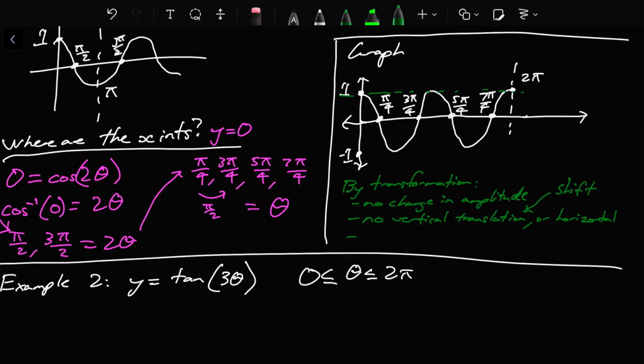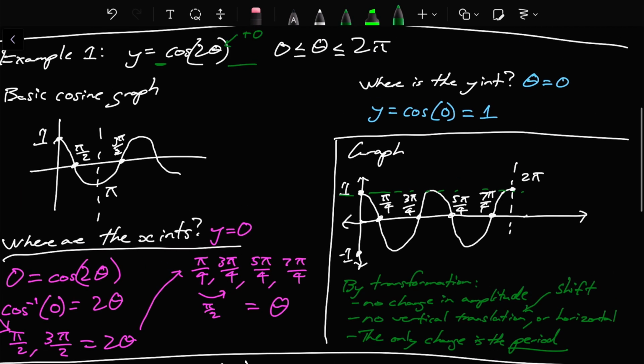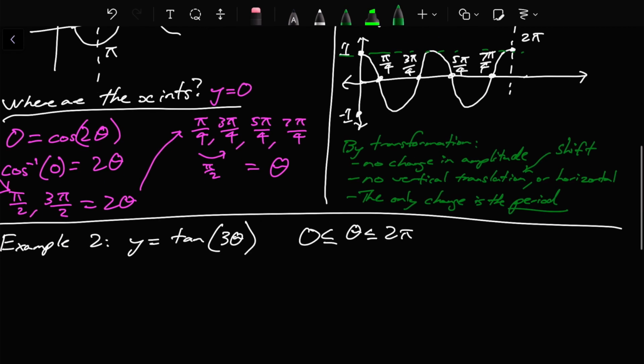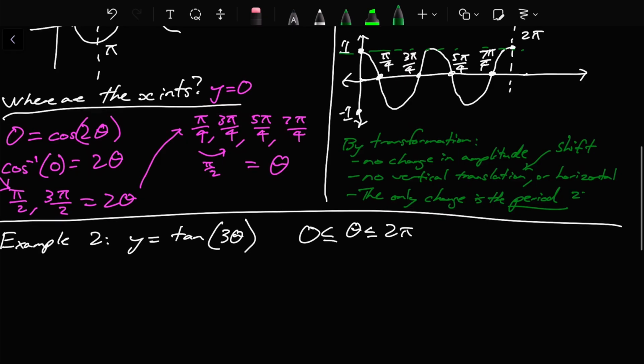The only thing that has really changed is the period, which comes from here. This is the period shift. Because it's 2, it means everything is getting doubled, which means that our period is 2 pi divided by 2, which is equal to pi.